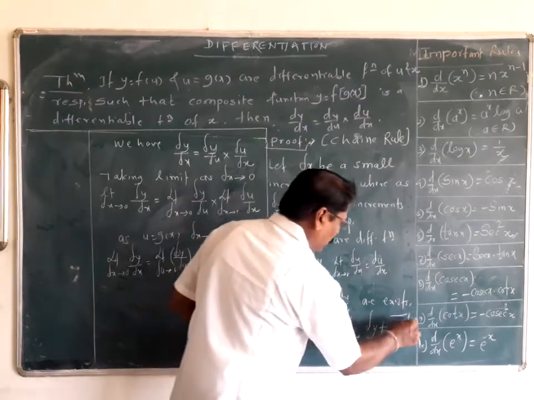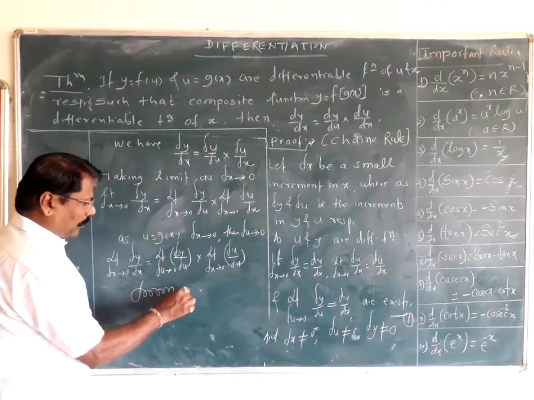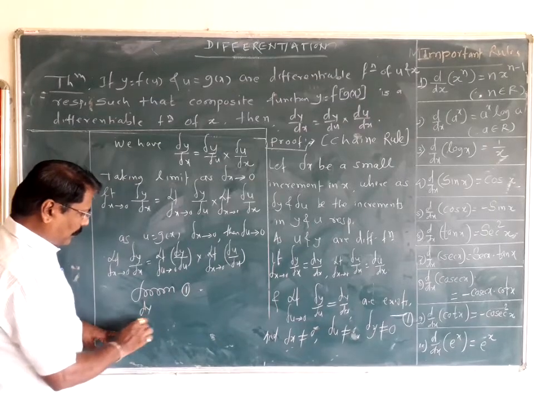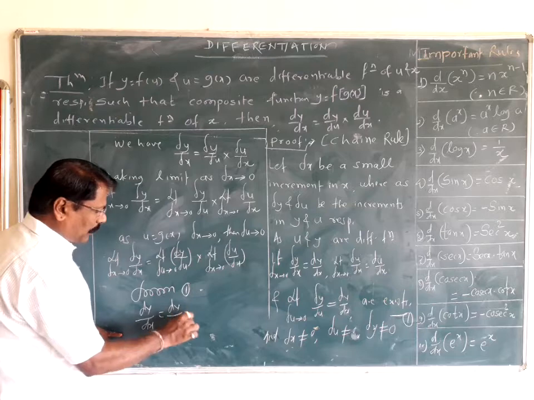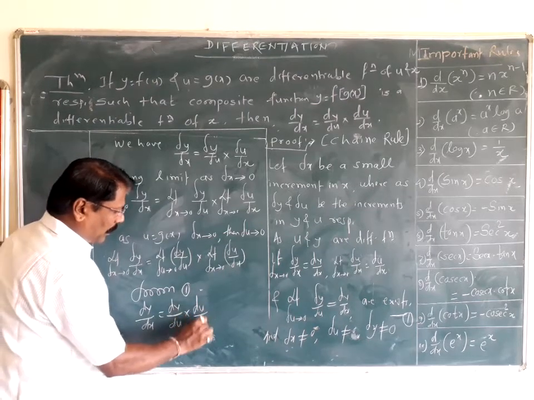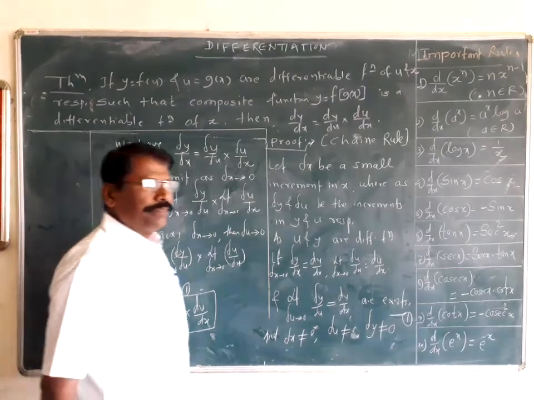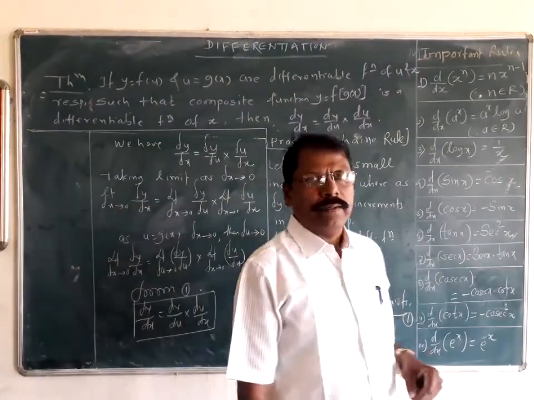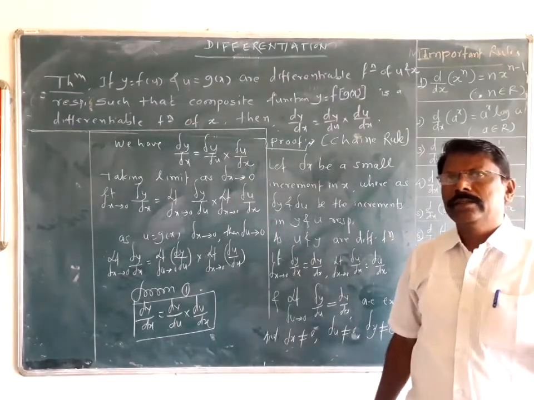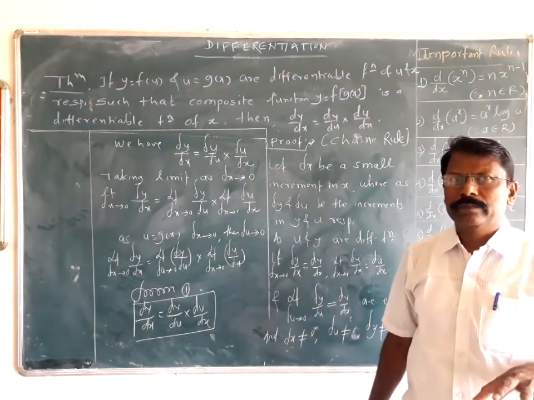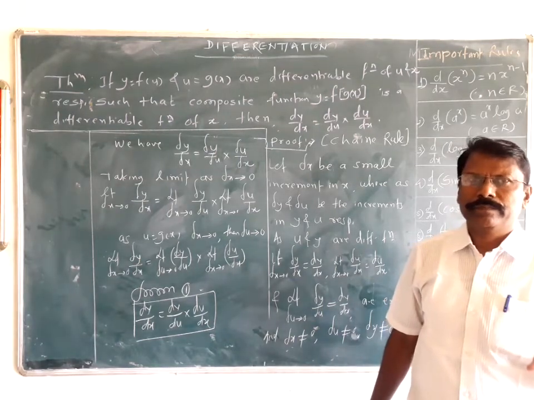And from equation 1, dy by dx is equal to dy by du into du by dx, and this completes the proof. Very simple. For the board exam, this theorem will be asked for 3 marks with proof.